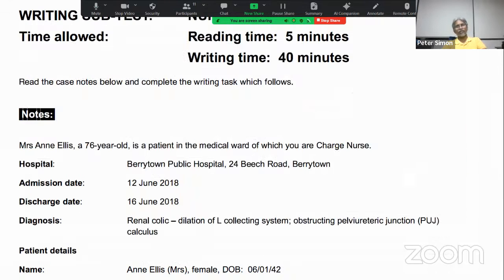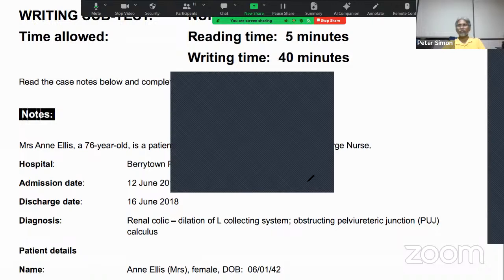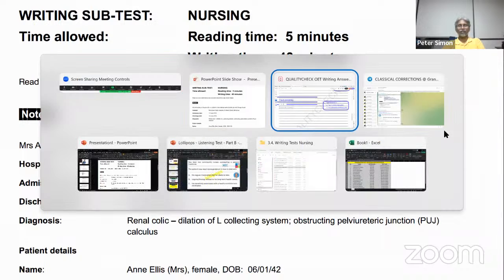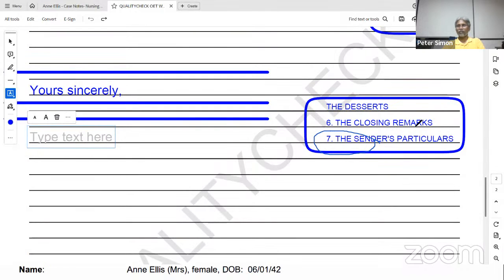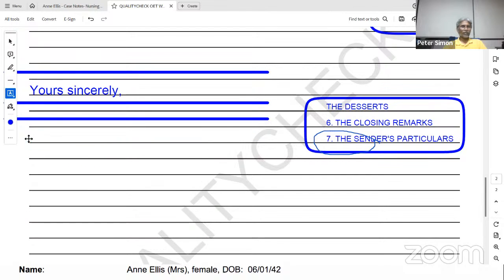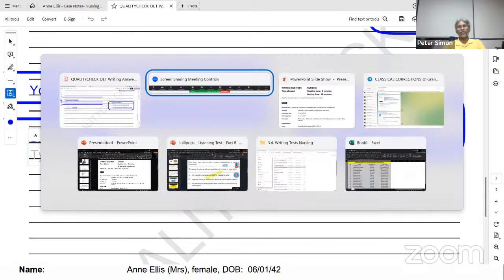Now what is the address here? So you are a charge nurse. Your name is not given. So charge nurse. The next one, where is the charge nurse?